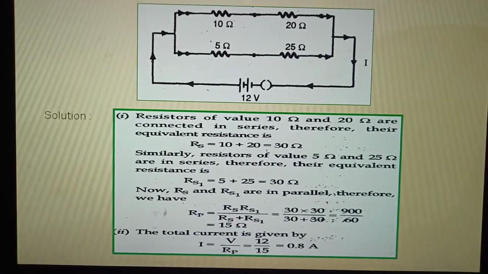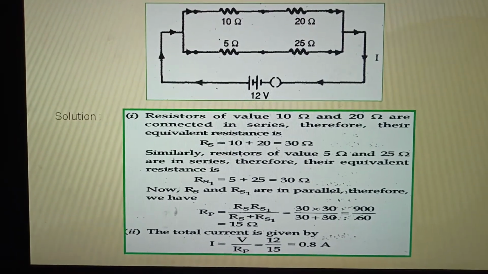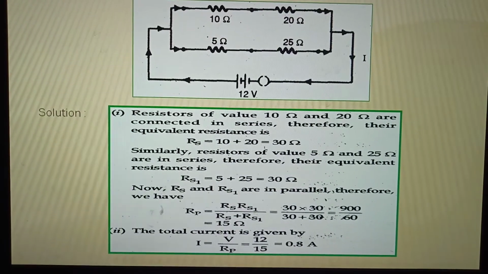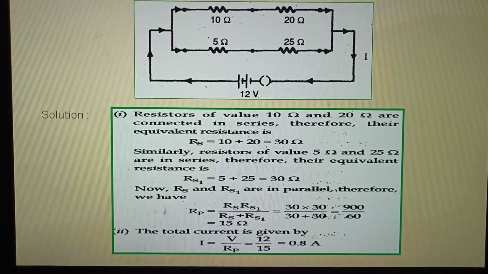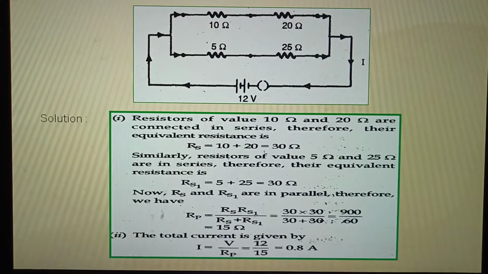Overall, they are in the parallel combination. So we calculate the parallel combination like this, which is 900 upon 60. So 15 ohm is the total or effective resistance of this circuit diagram.